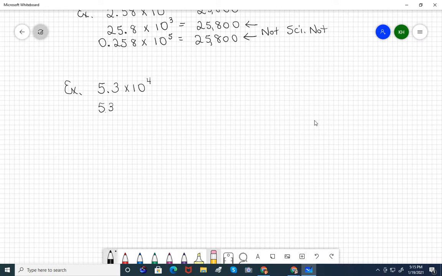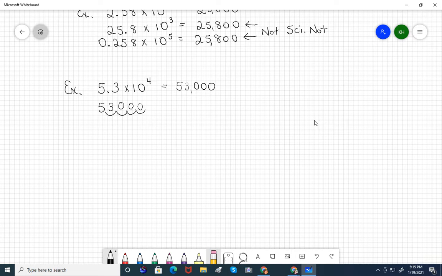So if we move it 1 place, we get 53. If we move it 2 places, we get 530. 3 places, we get 5,300. And finally, 1 more place, we get 53,000. So this would be equal to 53,000.